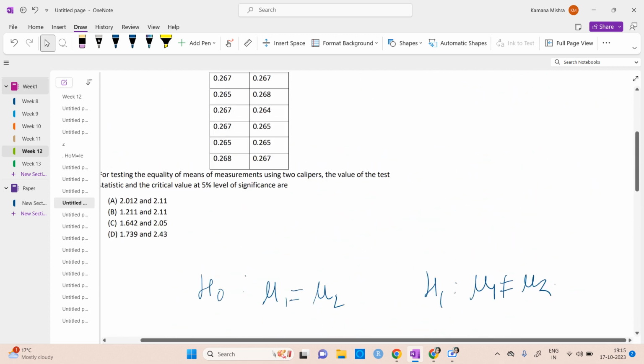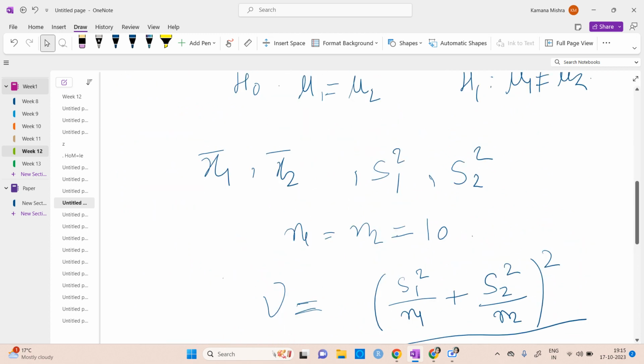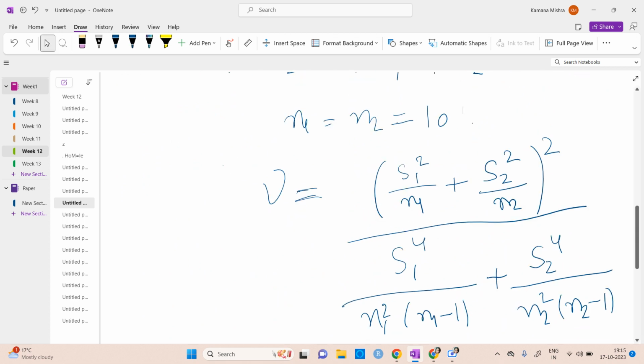So if time permits, we will do the calculation. Otherwise, you can just put the values here. You can find x1, x2, s1 square, s2 square, and everything is given. So you can do this, right?